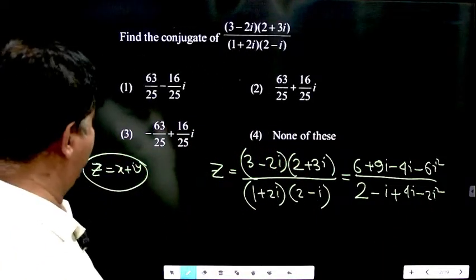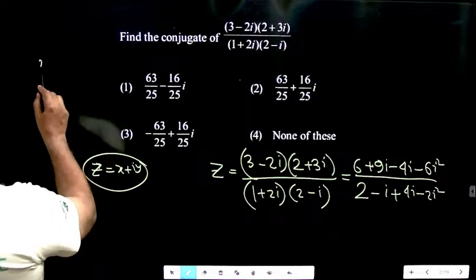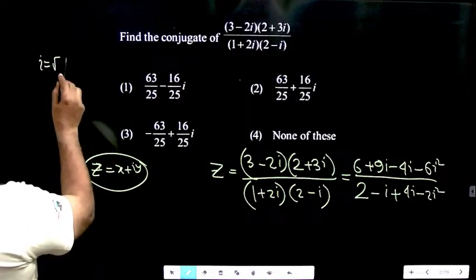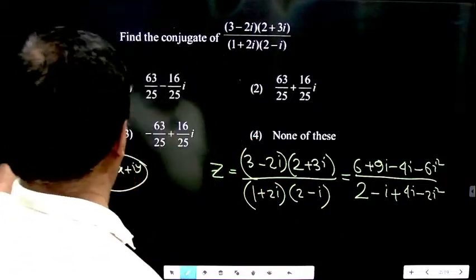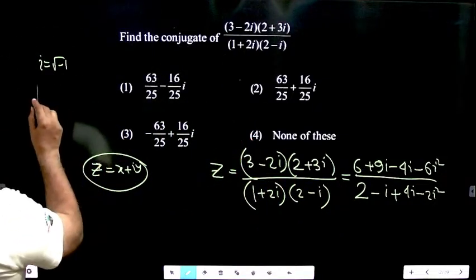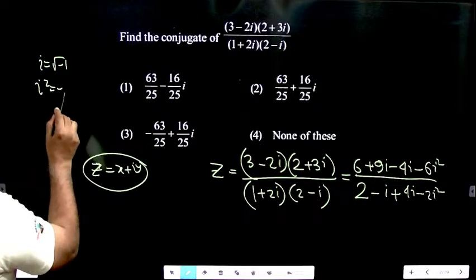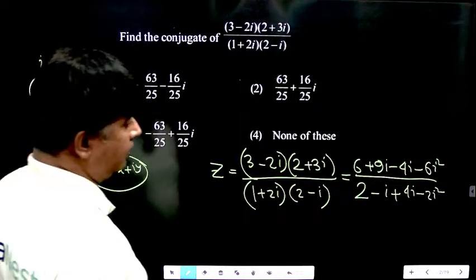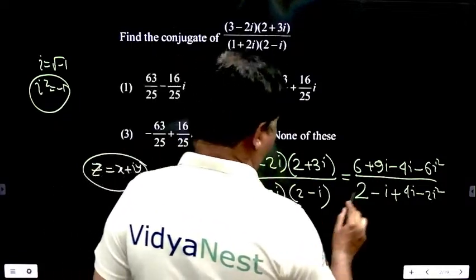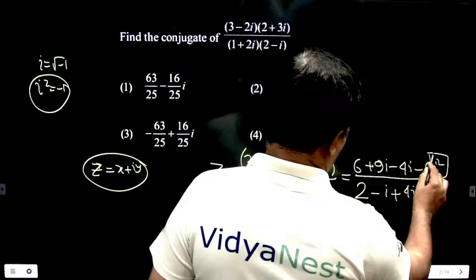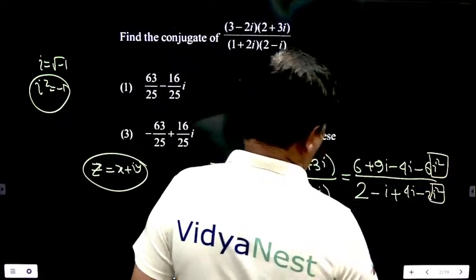What is i square? i is root minus 1. All of you know? Yes or no? i is root minus 1. So what is i square? Minus 1. So instead of this i square, I will put minus 1.